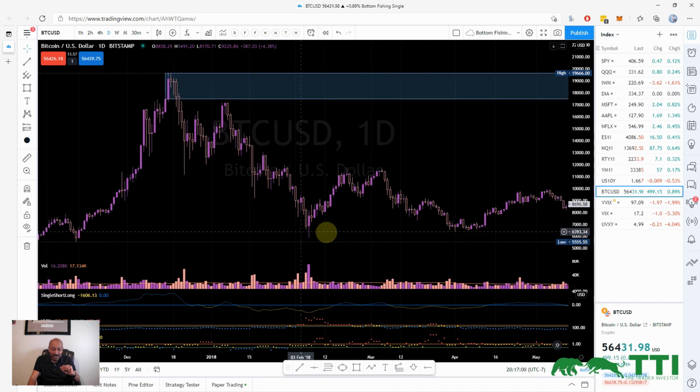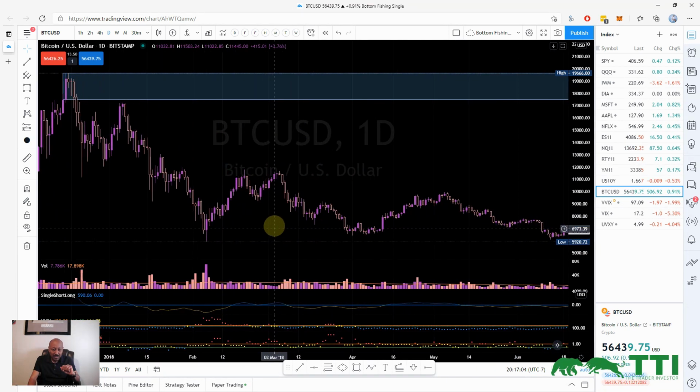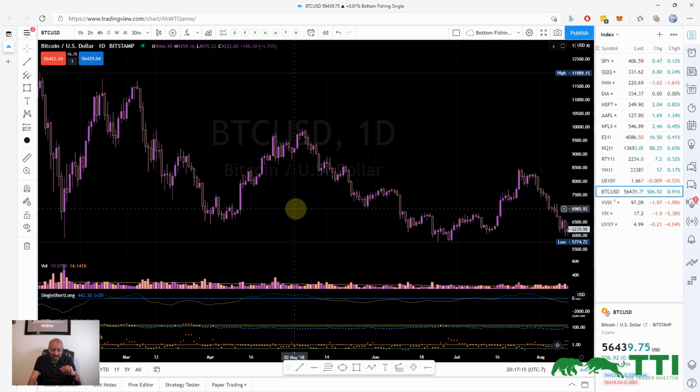And now as price moves down, then we start to see, are there any highs, any recent highs that are taken out. So here we have this size taken out, this size taken out right here.